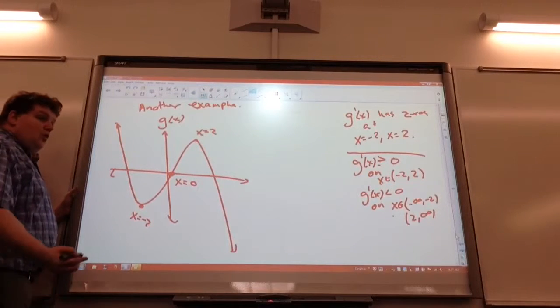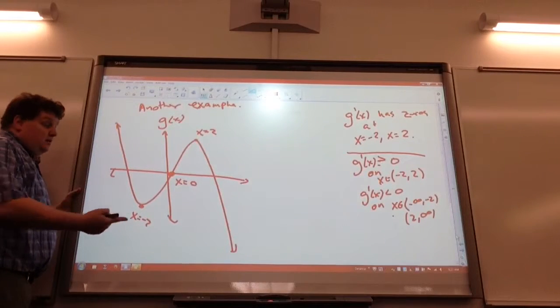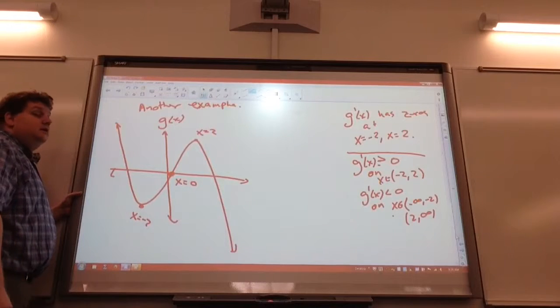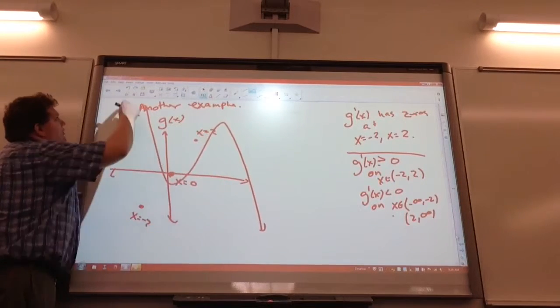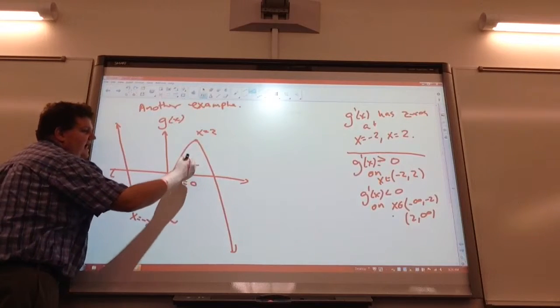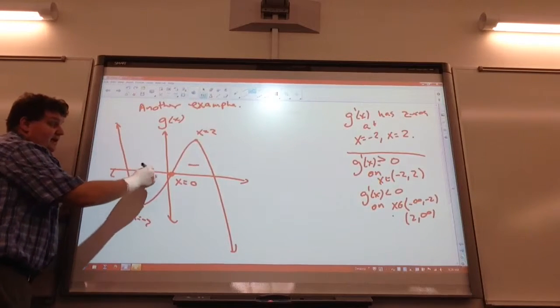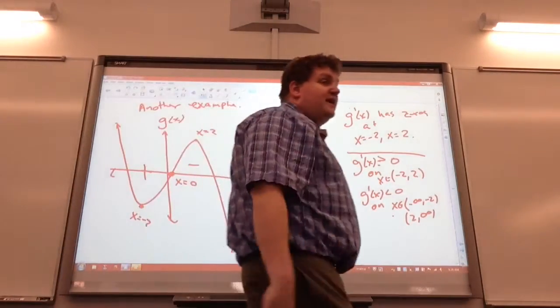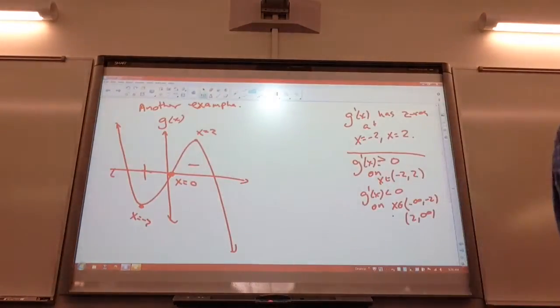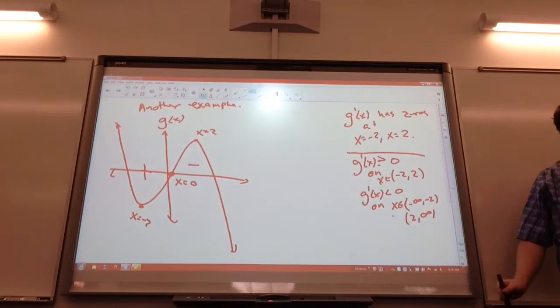X from 0 to infinity is positive. No, negative there, because that's concave down. Go back. This is concave down there. This is concave up here. So we made the assumption that the marked point x equals 0 is a point of inflection. Safe to assume that. It's between the two, so it probably is.